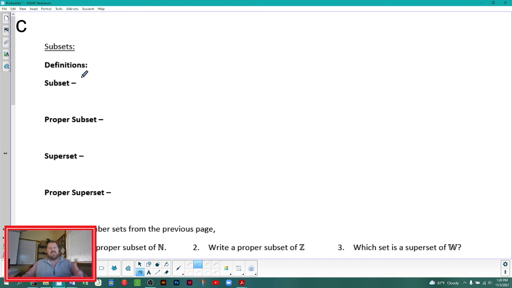For something to be a subset of something else, and I'm going to do this within a very general example, if A is a subset of B, that means that everything in A, every element of A, is in B.